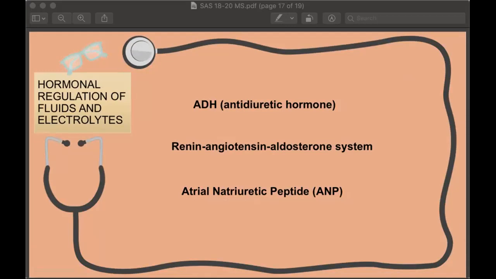Now, your RAAS, or the renin-angiotensin-aldosterone system, how does it work? So, if the body deems that the blood flow decreases, the JG-A, or your juxtaglomerular apparatus, will release a cell, okay, in the kidney, and it will secrete the renin.